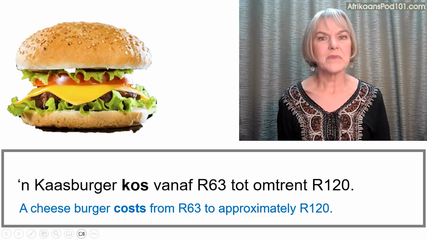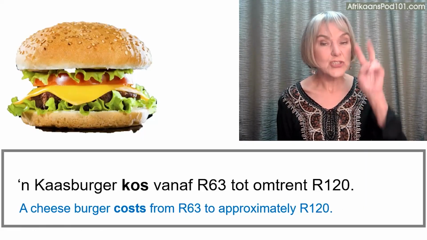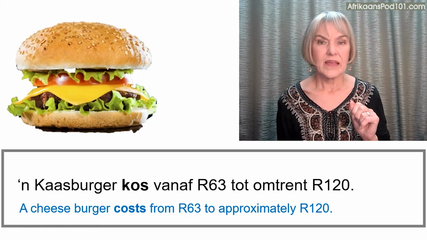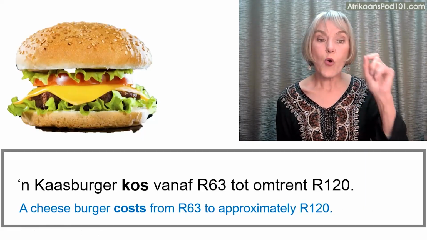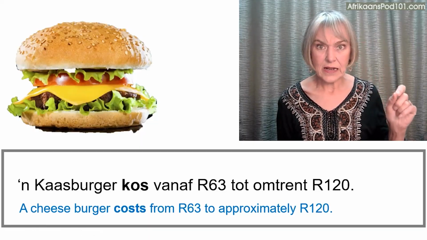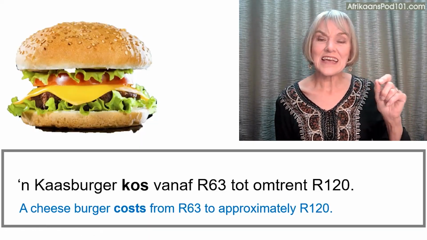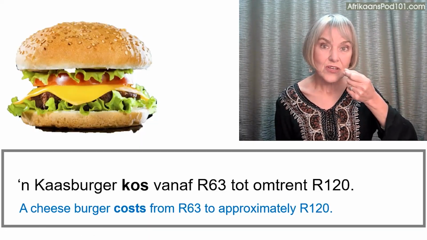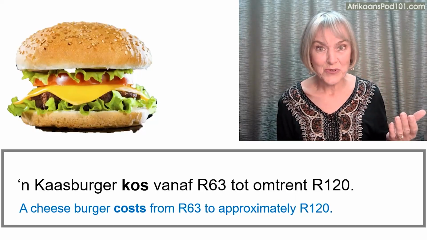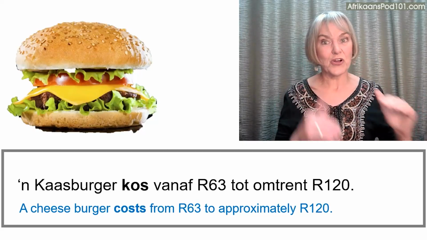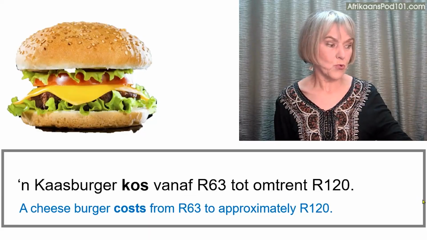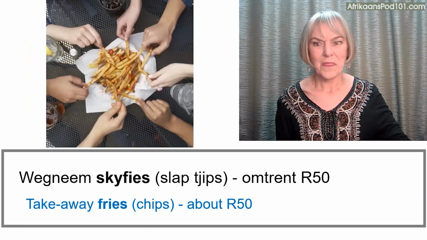But do remember that kos has two meanings. It's a homonym. So you can say, dit kos R120, but you can also say, ek eet kos. Kos also means food. So it just depends on the context, okay? So you have to know that kos can mean two things.